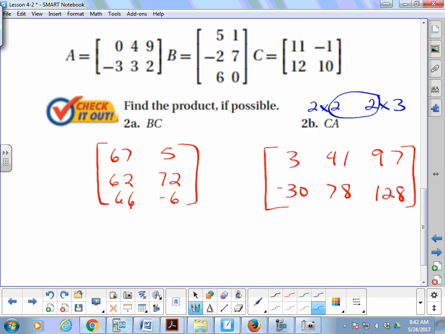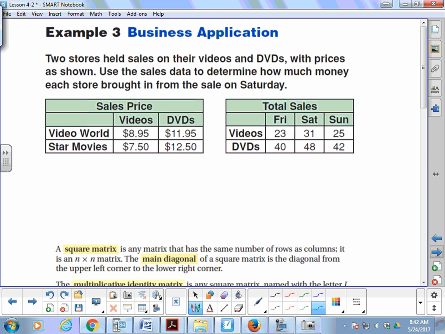Okay. All right, so here we have 2 stores held sales on their videos and DVDs with prices as shown. It says use the sales data to determine how much money each store brought in for the sale on Saturday. So we are going to multiply these together, all right? Because these are the prices for things.